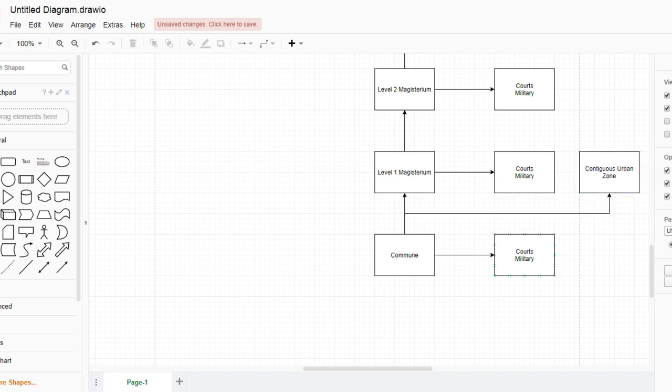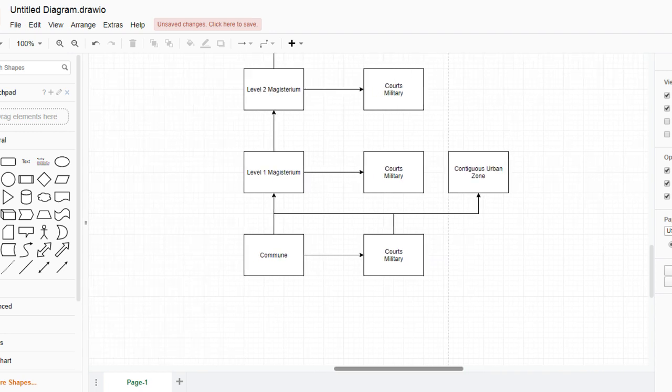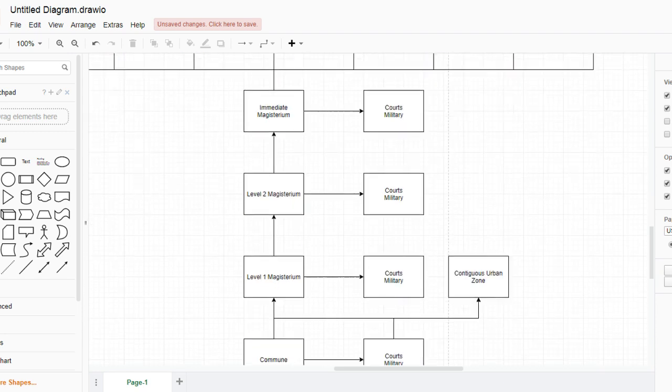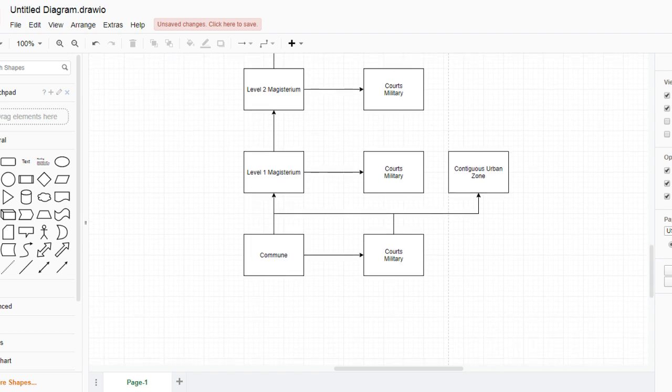A contiguous urban zone has its own responsibilities for shared infrastructure that actually supersedes the authority of communes in some ways. So if you're in a big city, let's say you've got a city with 1 million people, for the government to function, we can't actually have all of that under one commune.